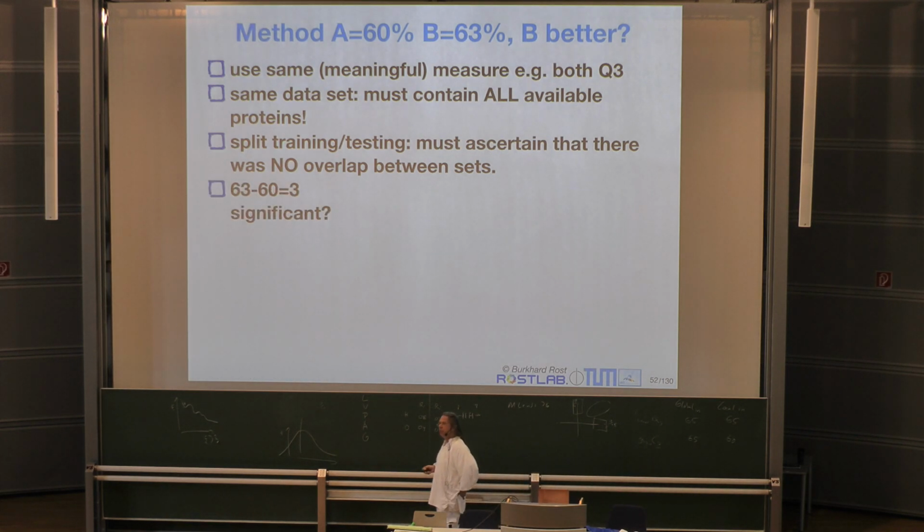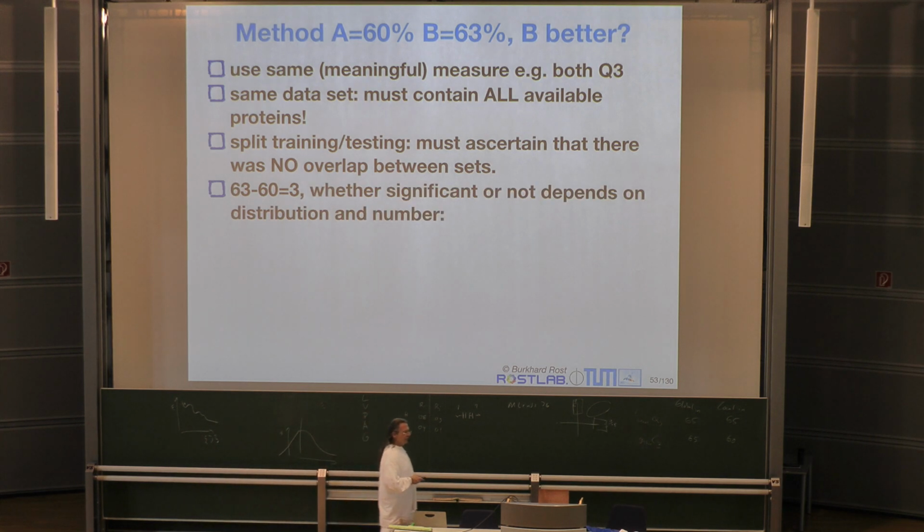But then the next important issue: if all of that would be the case, if it is the same Q3, if it is the same data set, and now the difference is 3 percentage points, does that mean that one method is better? For that, the next important question is whether the difference is significant.